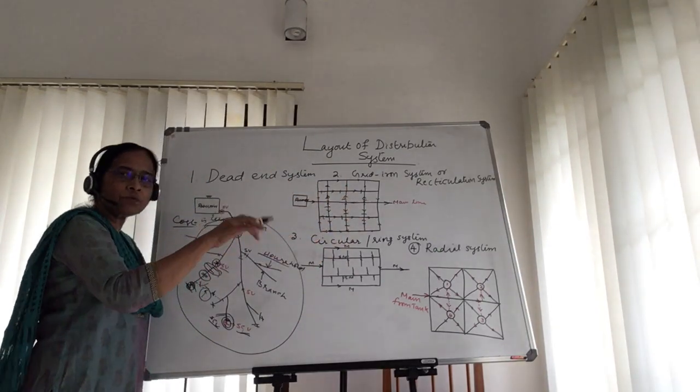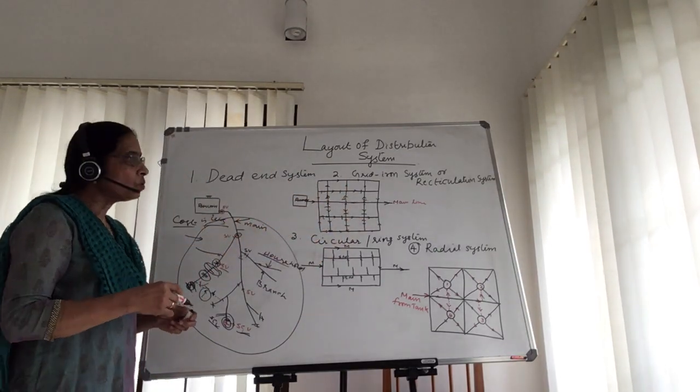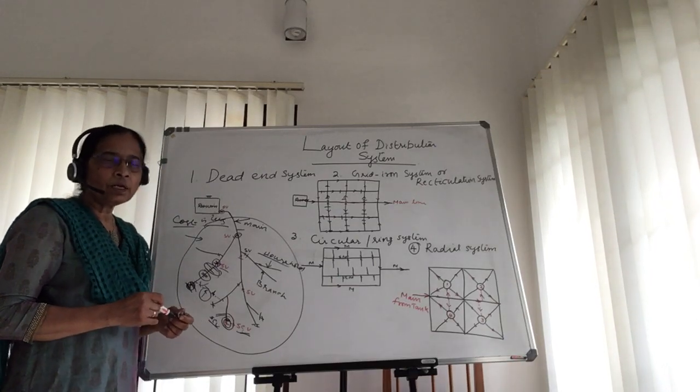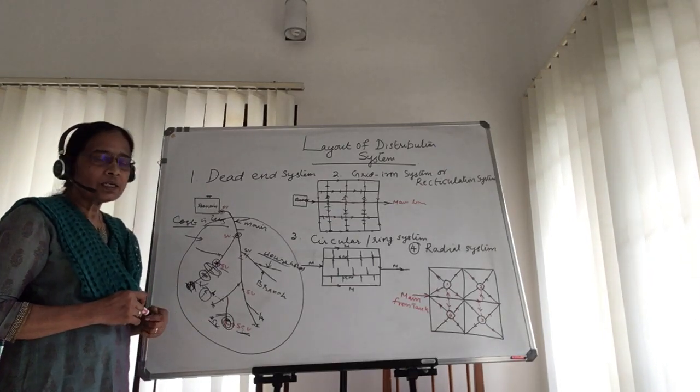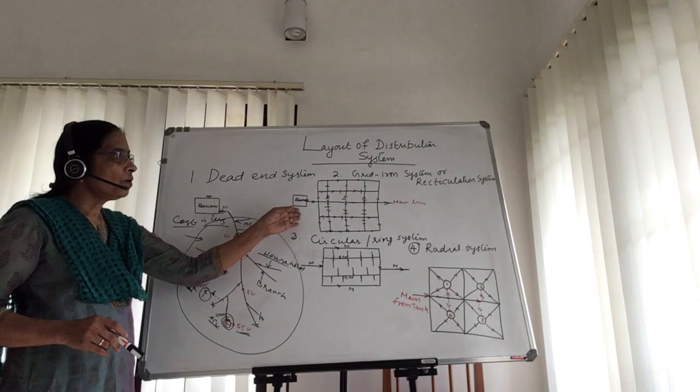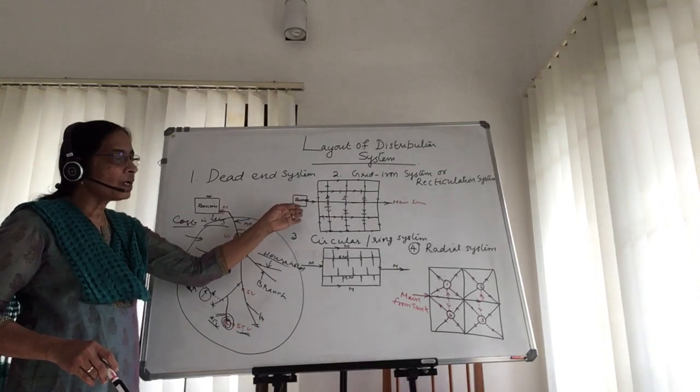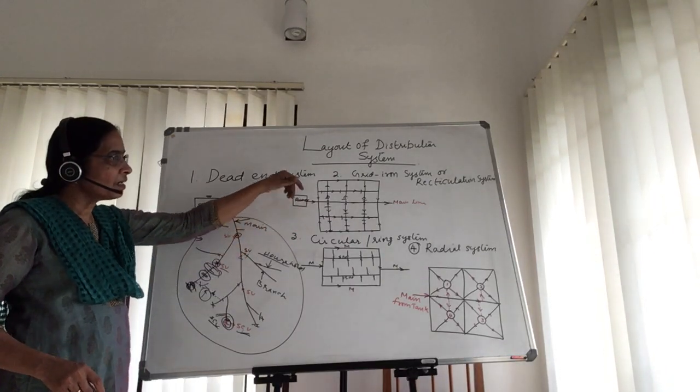It is continuously flowing through all the grids. That is the peculiarity of this grid iron system, or reticulation system. It is just like a grid.